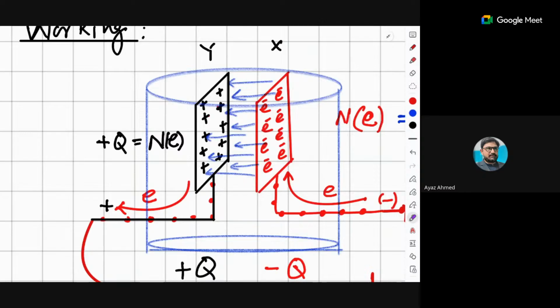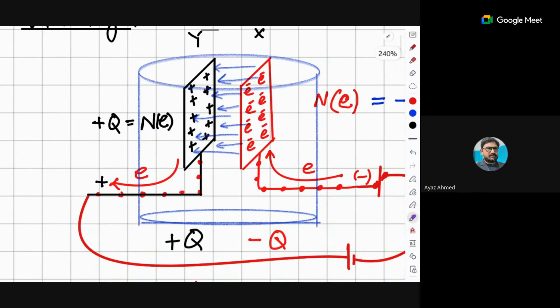Yes, so this is how the entire number of electrons pushed out, n number of electrons, are the same as the electrons available on the plate nearby.